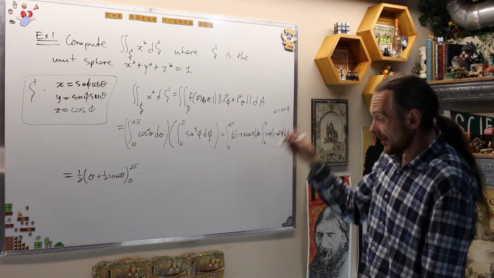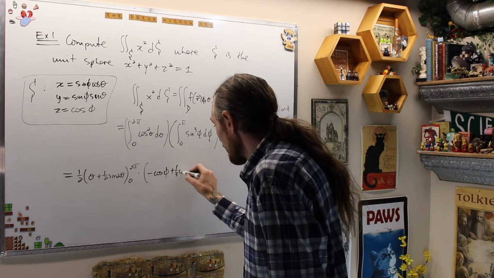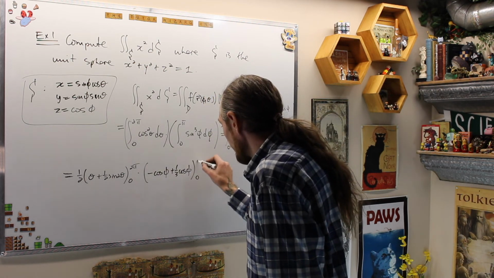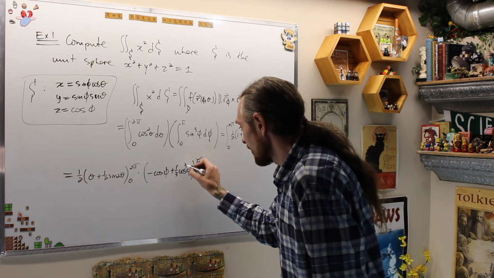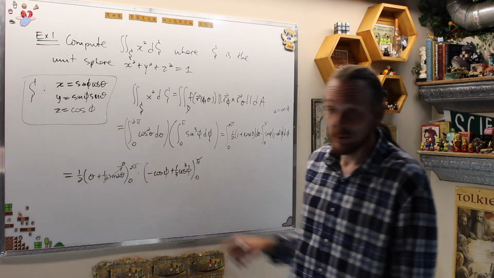Then when I make the substitution, I'm going to get negative cos phi plus 1/3 cos cubed phi evaluated from 0 to pi. When I compute that, the first part is going to be 0 from 0 to 2 pi.